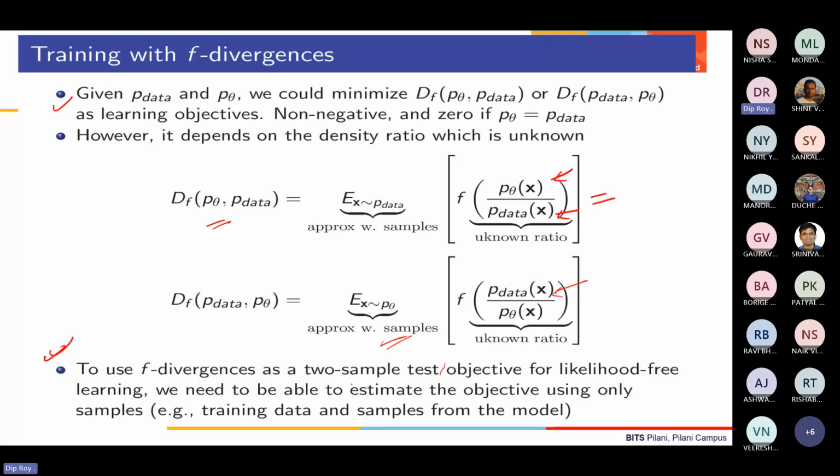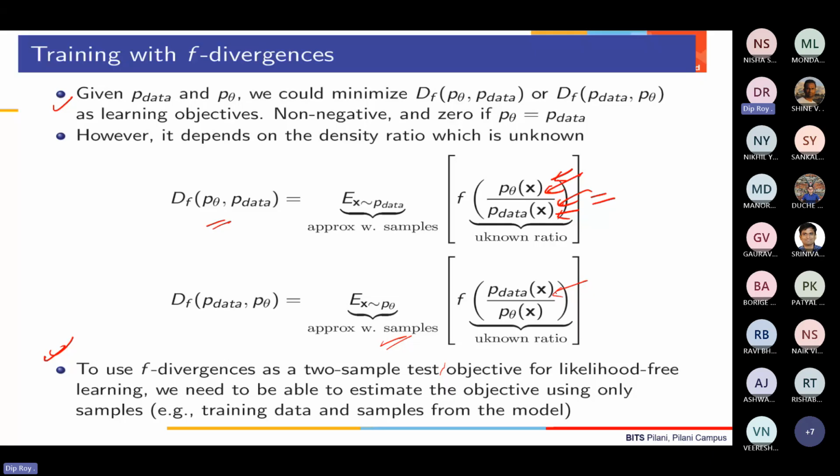Remember, we went away from the likelihood zone, so we don't need things like calculating the probability of a data point for the generator or the true distribution. We don't know the true distribution. That is one fact that we have to recognize.